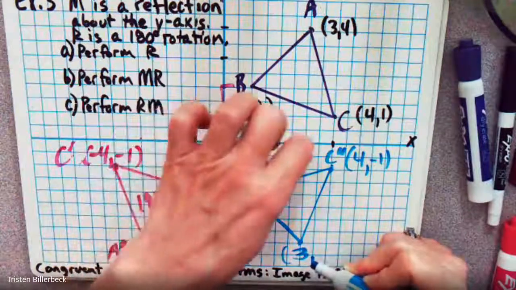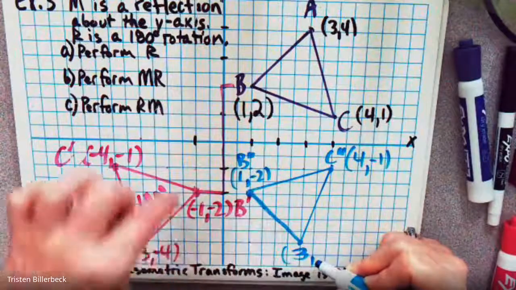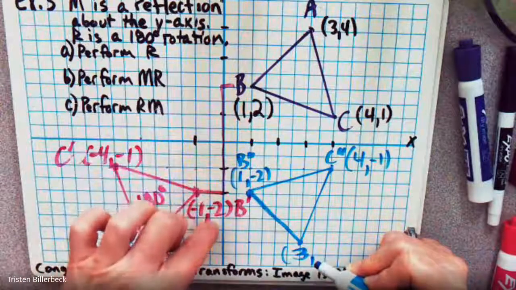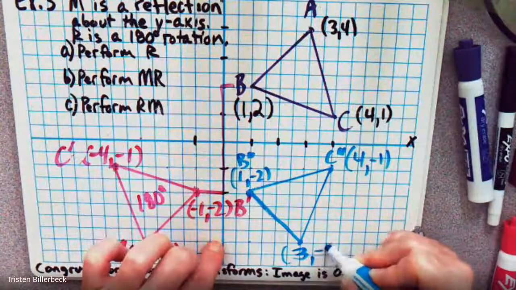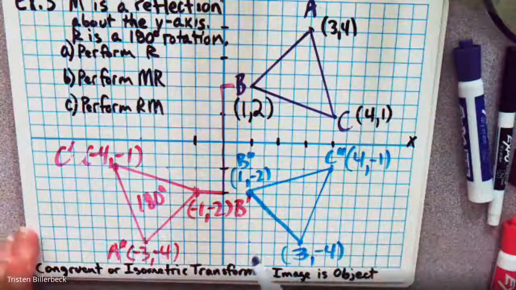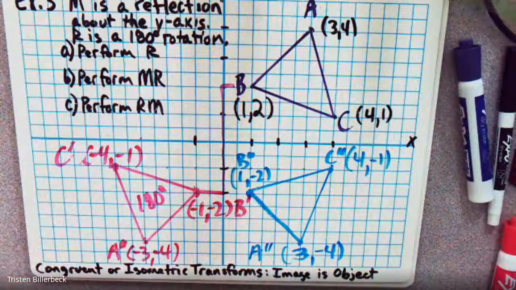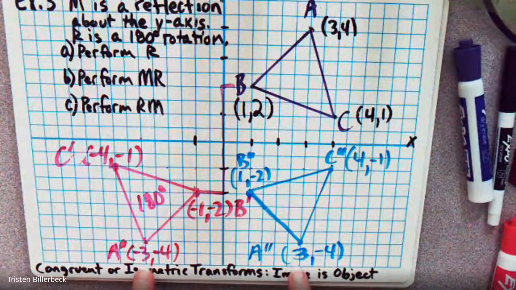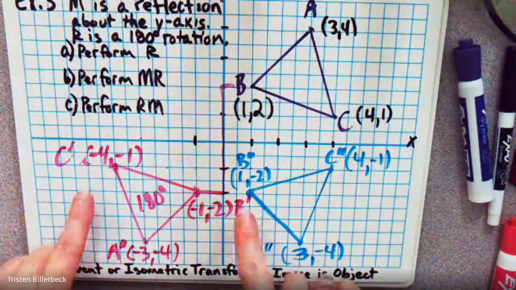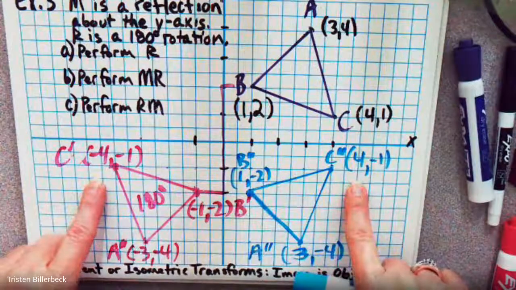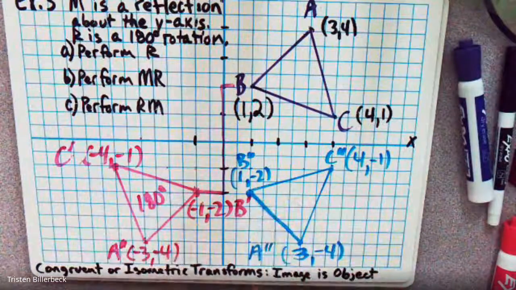So 1, 2, 3, and then 1, 2, 3, 4. So negative 4, we had to go down. So that'd be A double prime. Okay, let's see what we see. Just the X is changing. That makes sense because that's what we know about reflections. Yep, just the X's are changing, and that's pretty good.